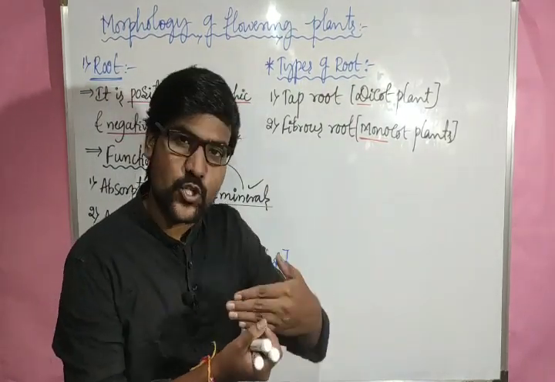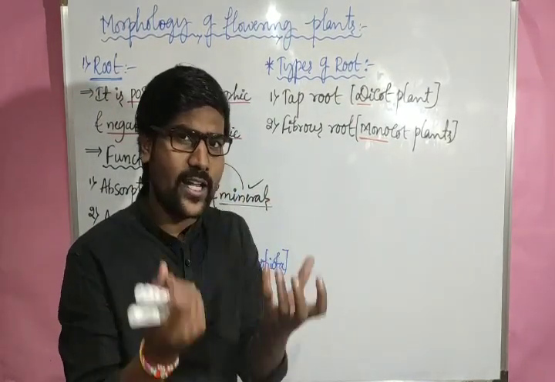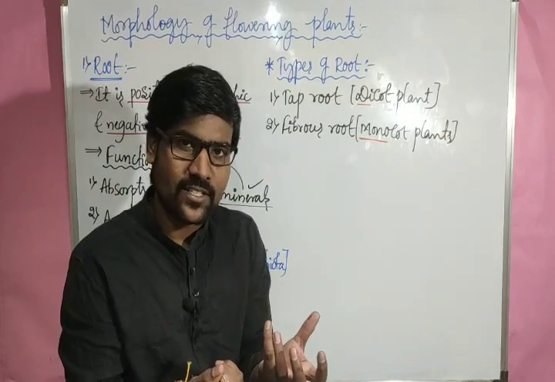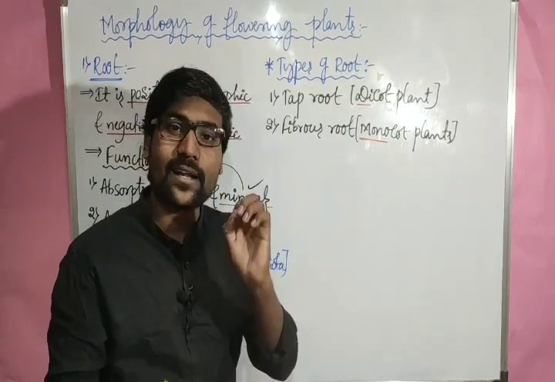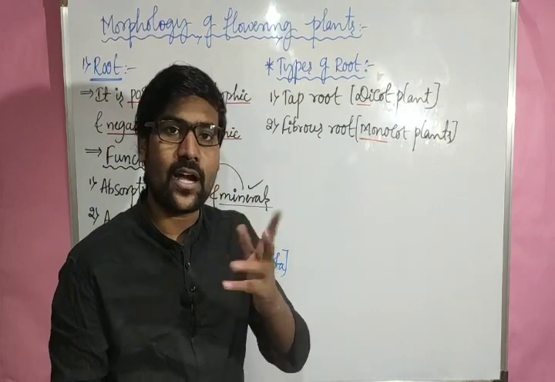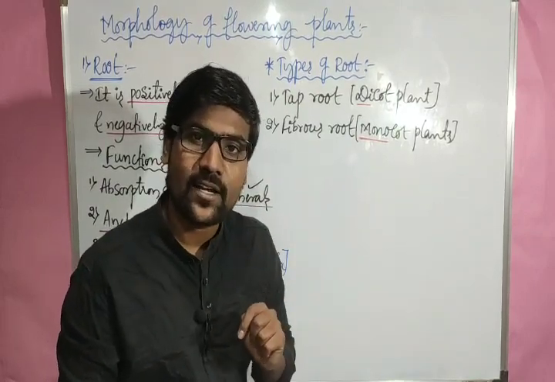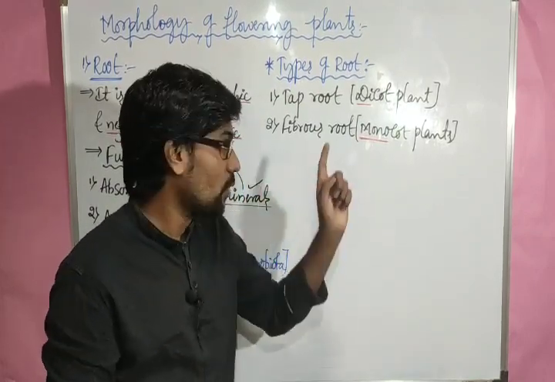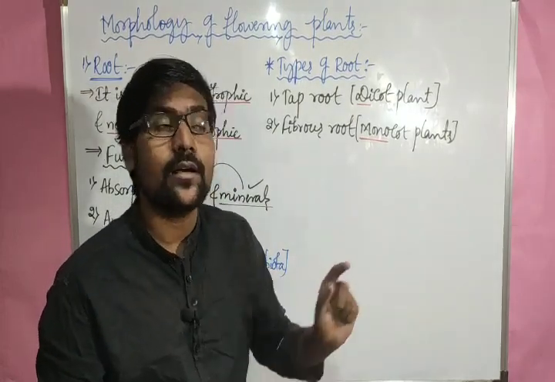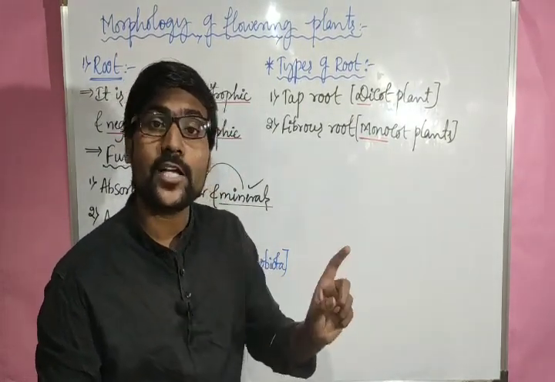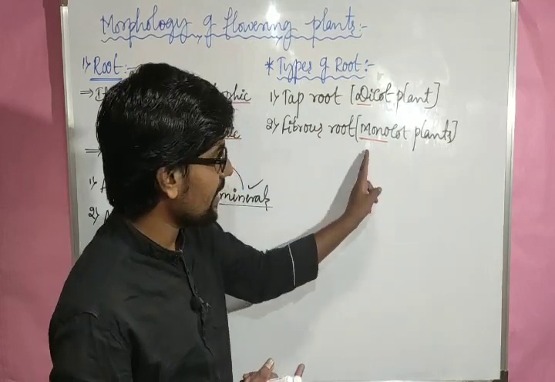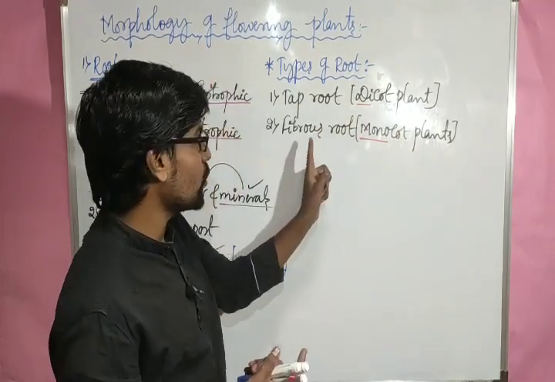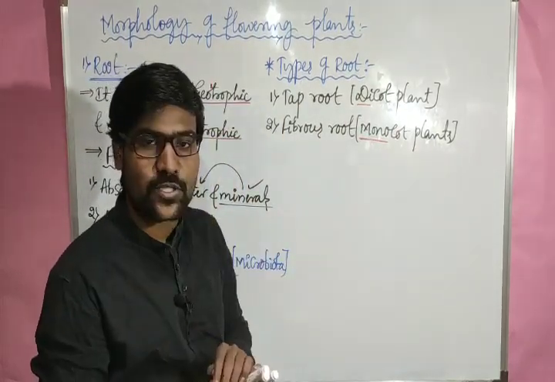That means if you break such kind of seed, we cannot get two equal parts exactly. So say for example, rice seed, we can't make into two parts exactly. Wheat, monocot. Jowar, jola, monocot. Corn, mekke jola, monocot. So in case of monocot plants, their root is considered to be the fibrous root.